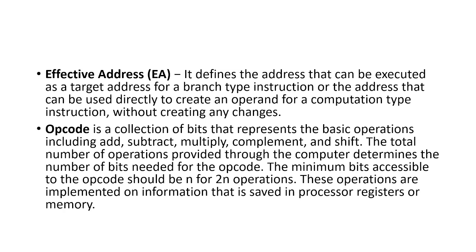It could be either addition or subtraction, multiplication, complement, or shift. It specifies both arithmetic as well as logical operations. The minimum number of bits for the opcode should be n for 2^n operations. The results of the opcode operations will be stored in a register or accumulator as intermediate results. Based on the intermediate results, we can perform the final operation.